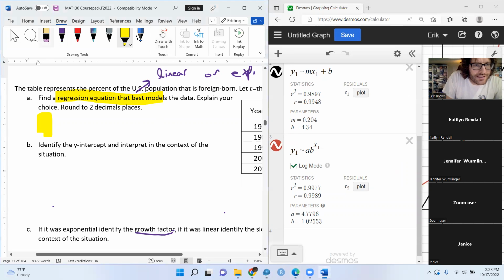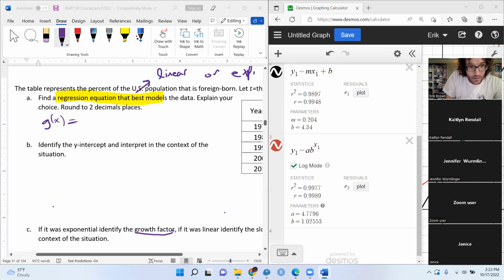So this is the one you want to write down. G of x equals. Nailed it. That's all you're doing, comparing the 0.9948 versus the 0.9989.